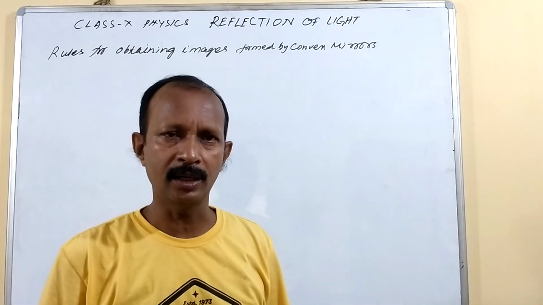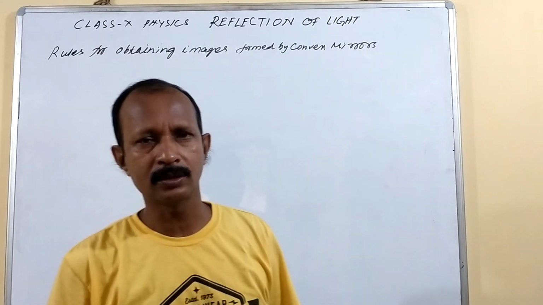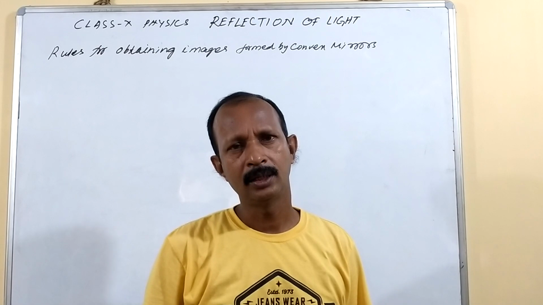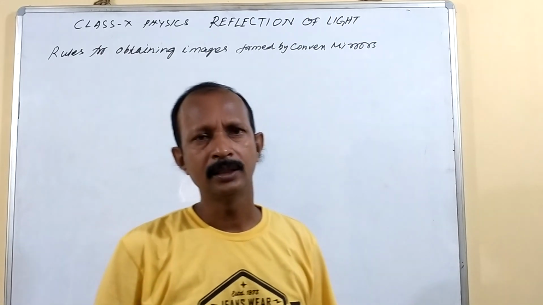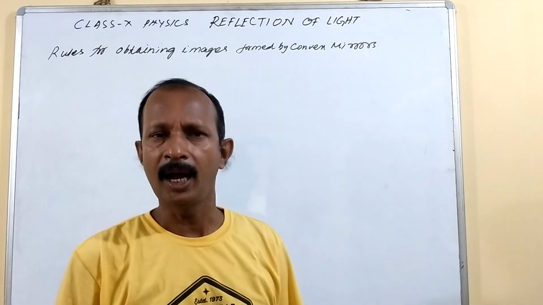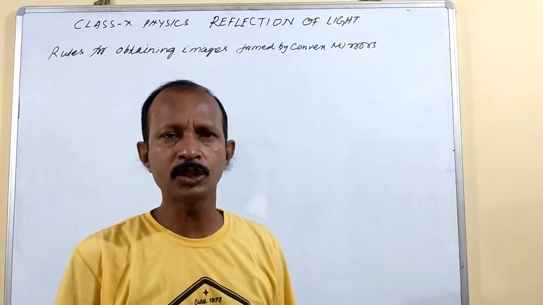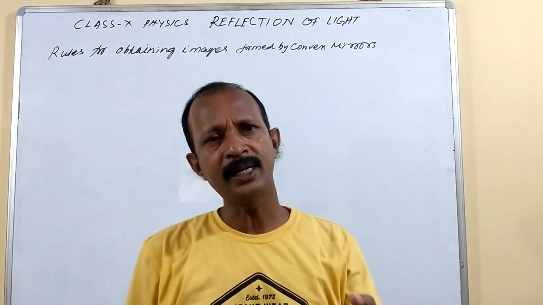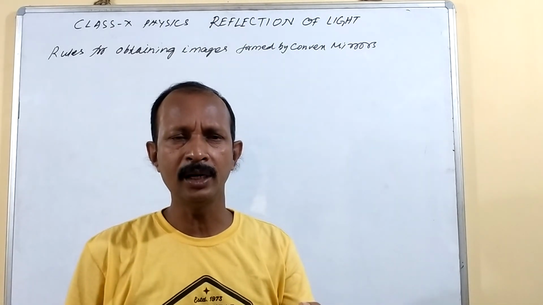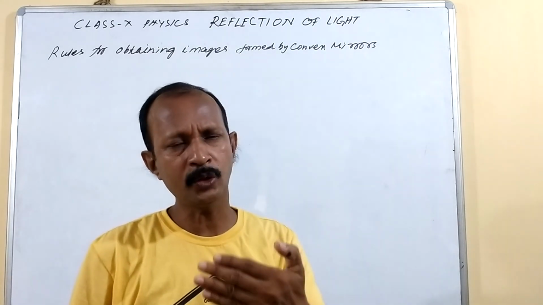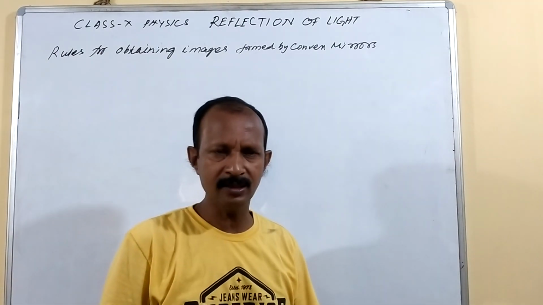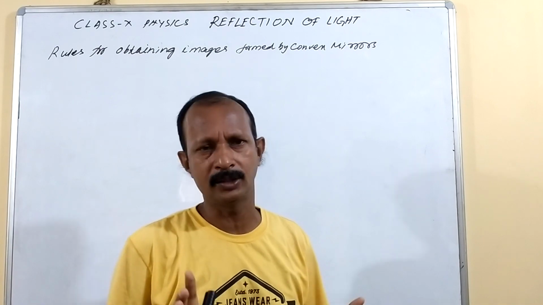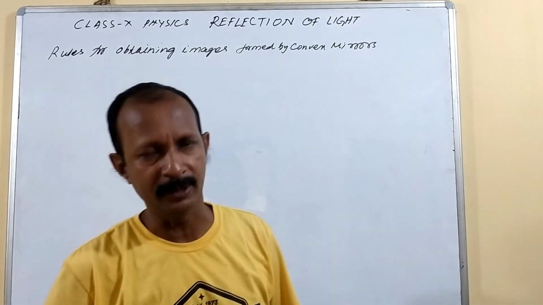And one thing is clear: to get the image, we should take at least two incident rays from a particular point. As a result, at least two reflected rays will either meet at a point or appear to meet at a point. That means we have to draw at least two reflected rays. As a result, we will get the image.